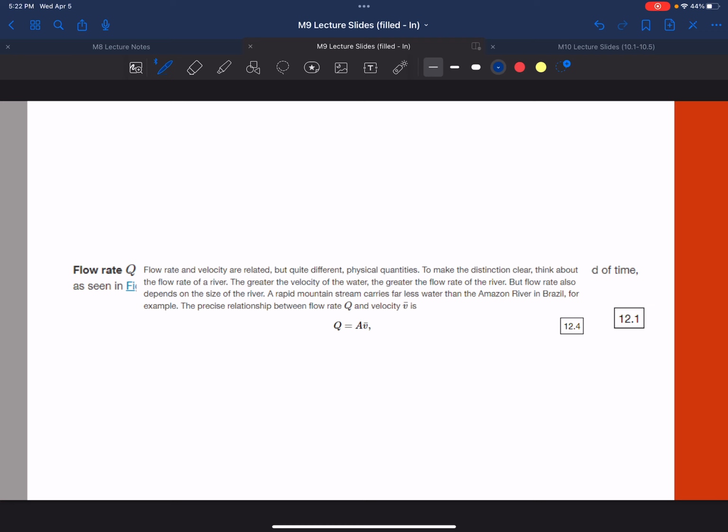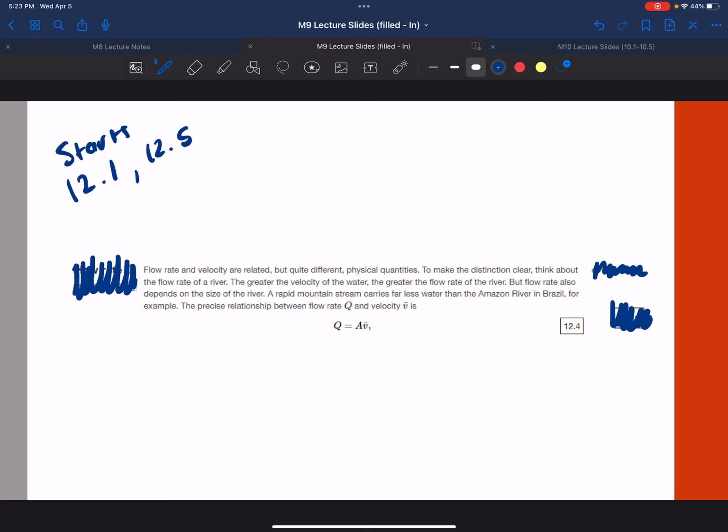One of the first things I find important to mention before I actually start working problems with y'all is that this starts 12.1 and 12.5. Are the concepts of flow rate and velocity when it comes to fluids. Remember, fluids can be either liquids or gases or plasmas, just not solids.